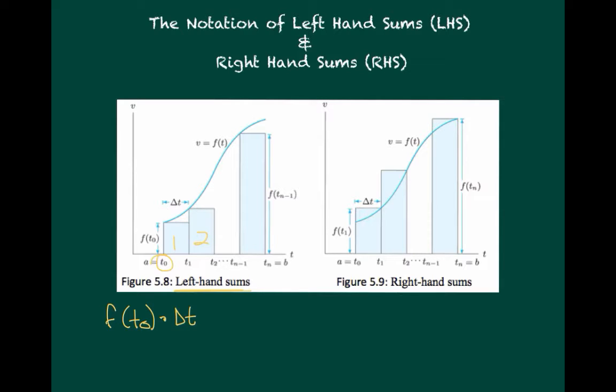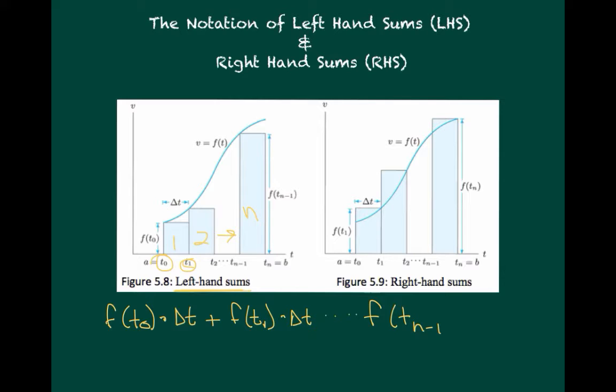And then I would add the area of the second rectangle, whose height would be f of t sub 1. That is the height at the left-hand side of the second rectangle. Once again, its base would be delta t. And if I continued in that method, I'd get all the way to the last rectangle, and that would be the nth rectangle, and its area would be represented as f of t sub n minus 1.